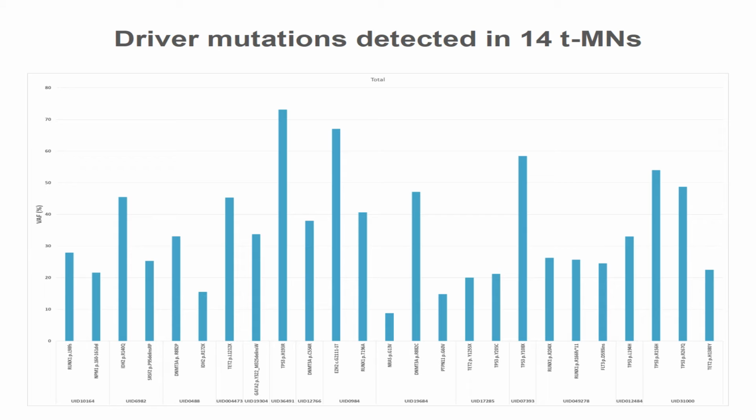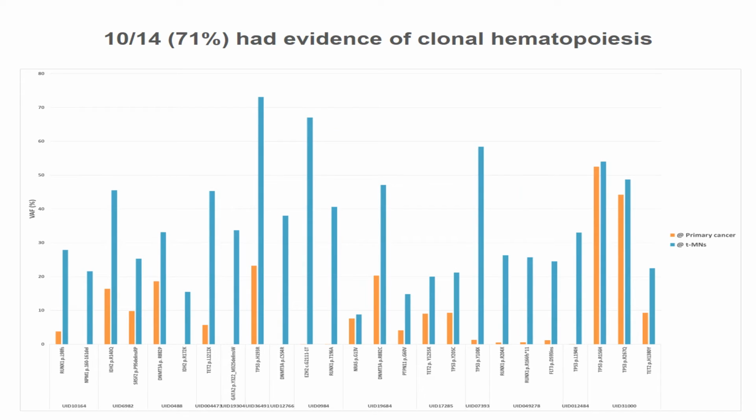And they did a mouse study as well, and they infused these mice with p53 mutated hematopoietic stem cells, and they showed that when they gave these mice nitrosourea, the p53 population expanded. So it was essentially a clonal advantage to have the mutation.